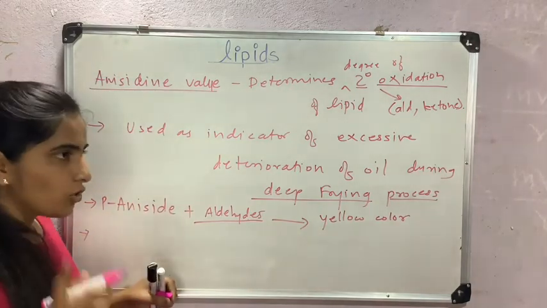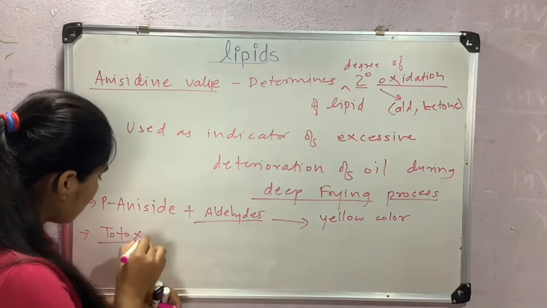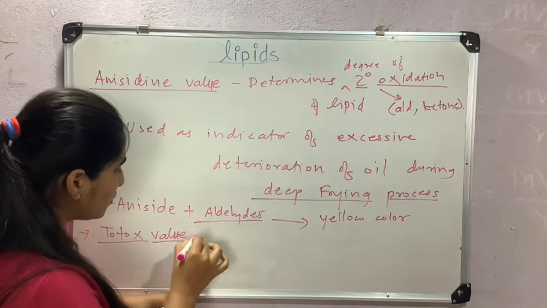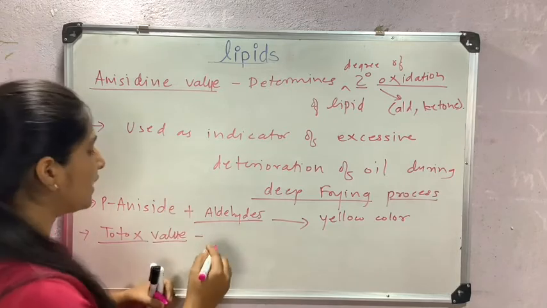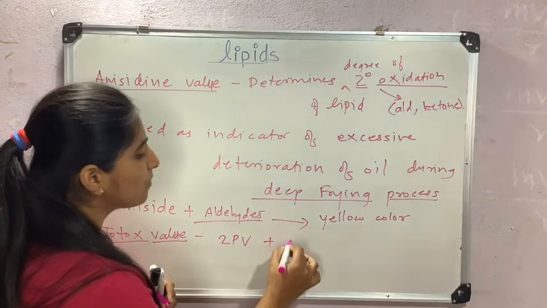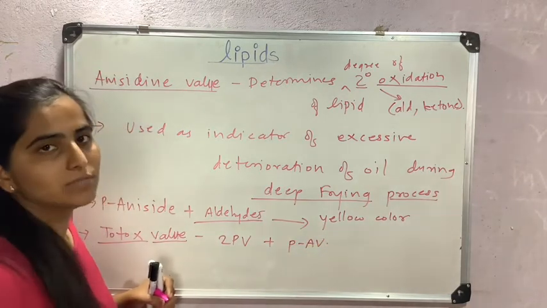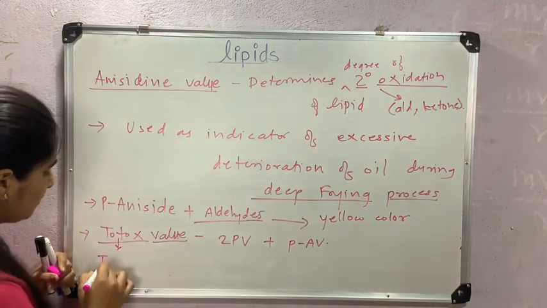And Totox value is calculated by using these two values, one is peroxide value and another is anisidine value: 2 times peroxide value plus para-anisidine value, PAV or just AV. Totox means total oxidation.